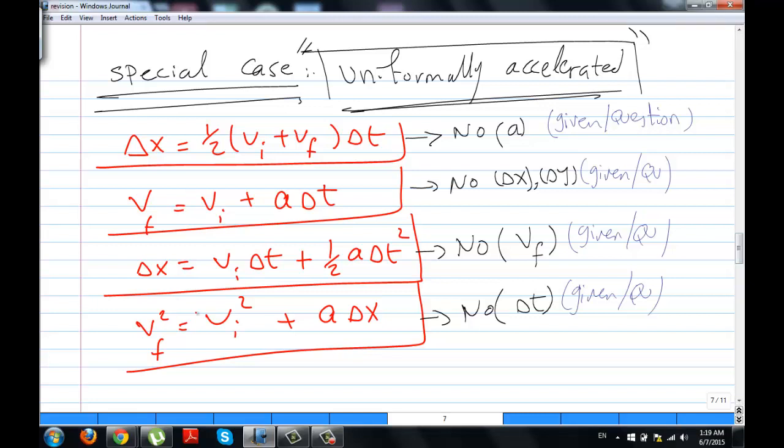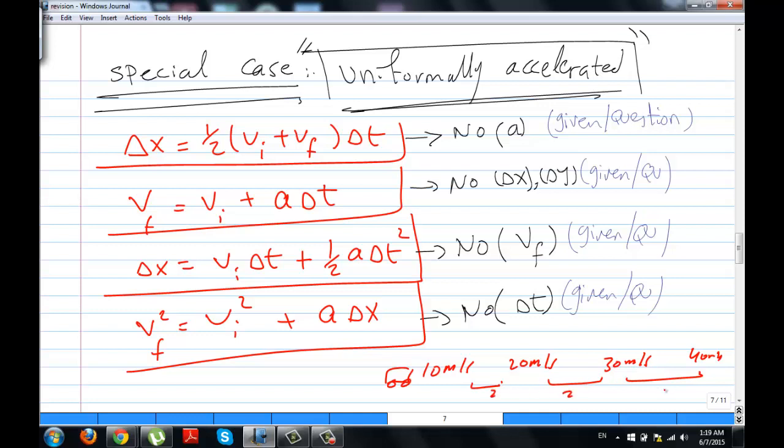And I mean by uniform acceleration that the object is uniformly or constantly accelerated, such as, let's say that there is a car and this car is having those speeds. So let's say that it is 10 meters per second, and then after 2 seconds it became 20 meters per second, and then after 2 seconds it became 30 meters per second, and then after 2 seconds it became 40 meters per second.